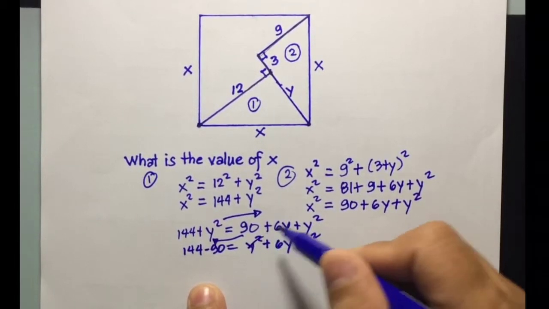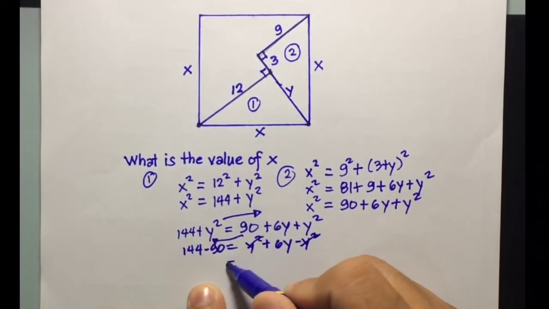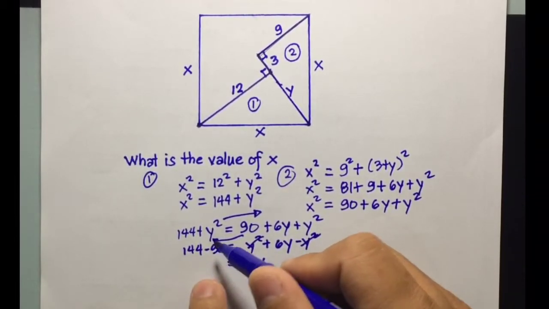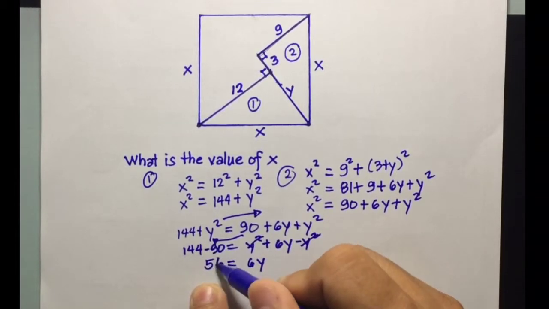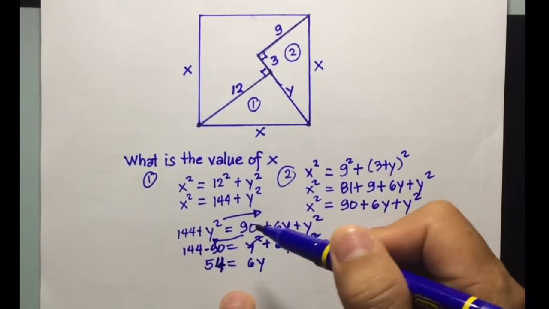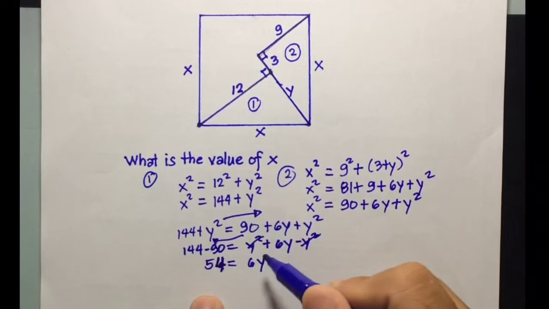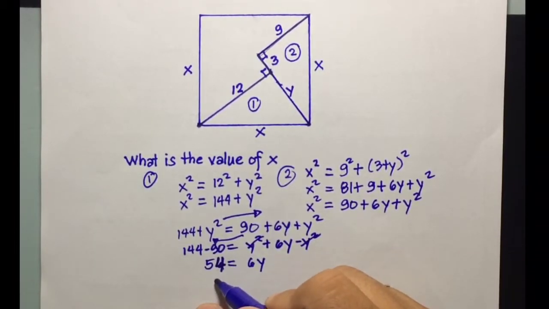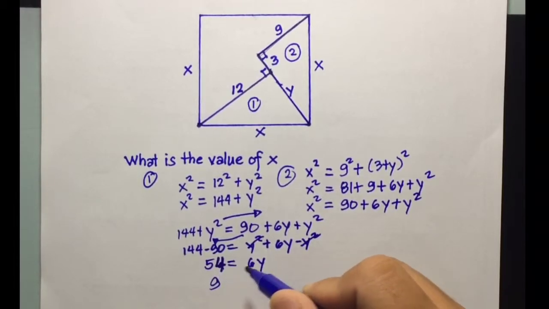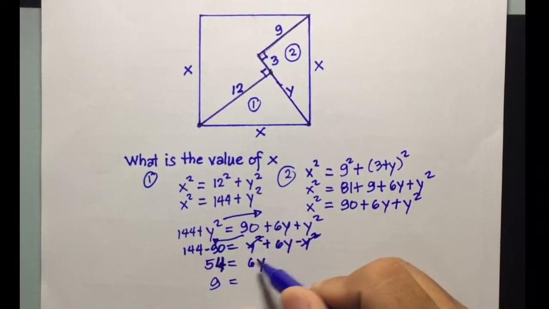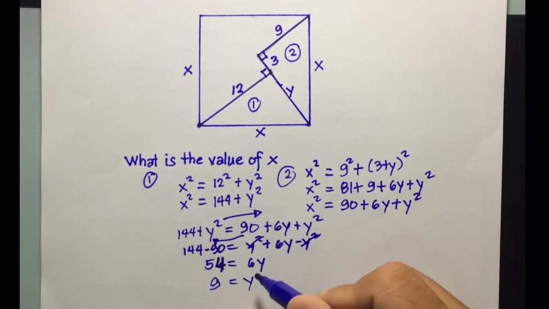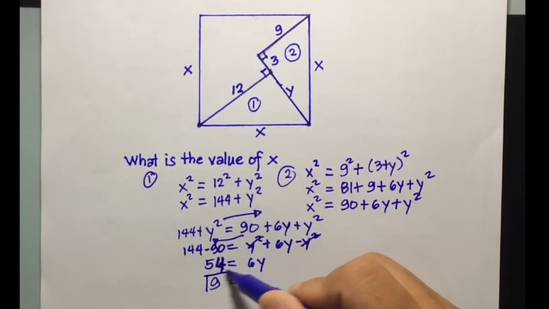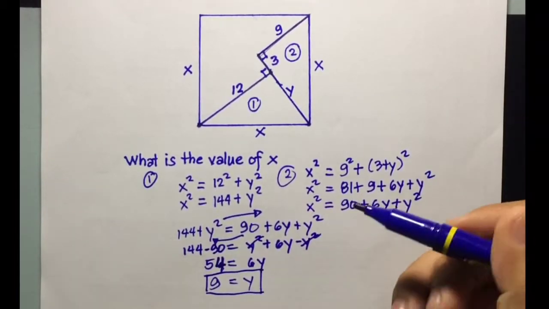Then y squared minus y squared is 0. So you have 6y. Then 144 minus 90 is equivalent to 54. Then dividing both sides by 6, 54 divided by 6 is 9, and 6y divided by 6 is y. So we can have the value of y equals 9.